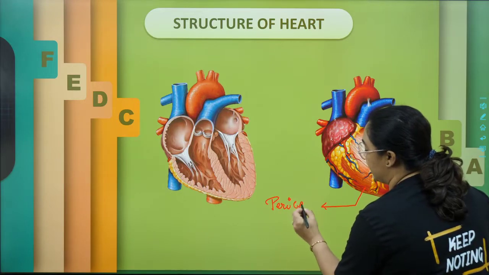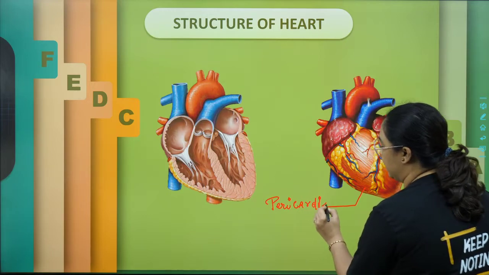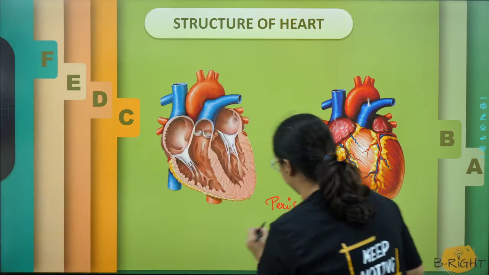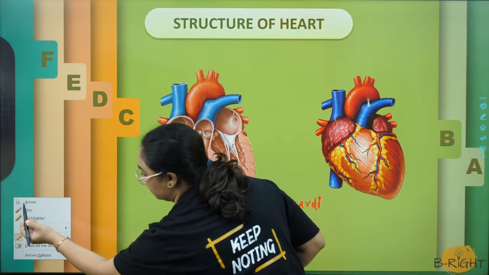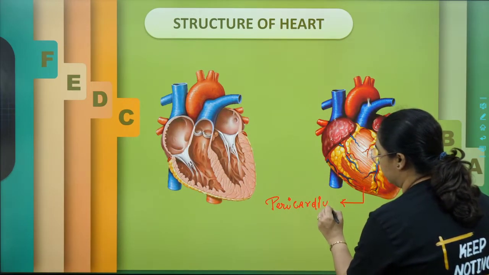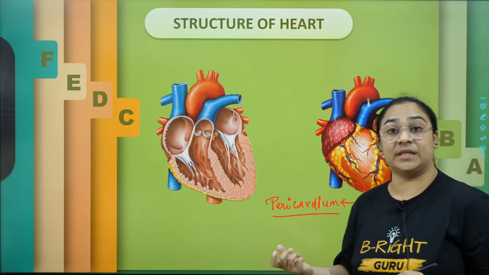Why are we doing this labeling? To understand the structure. So this is pericardium. Okay, underline it. Now what is this pericardium?